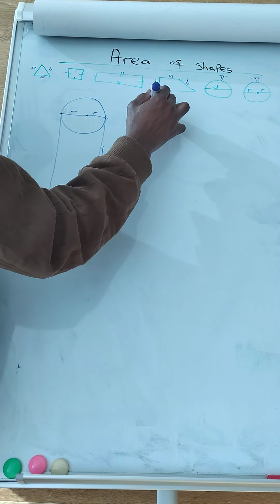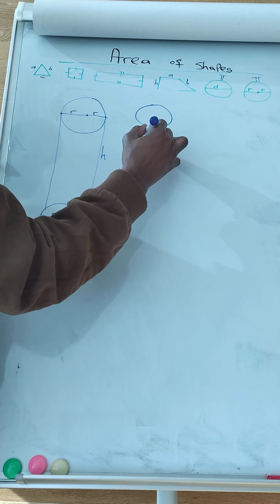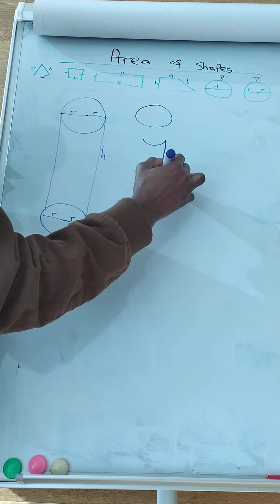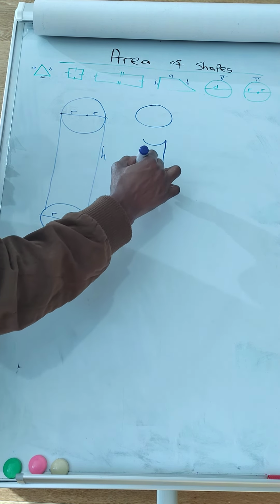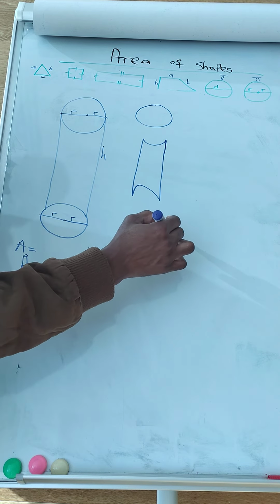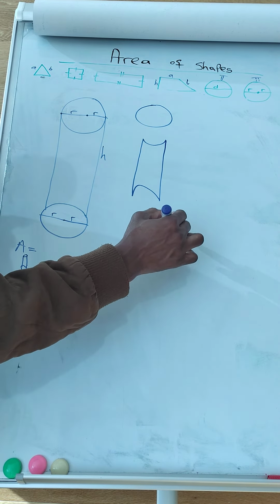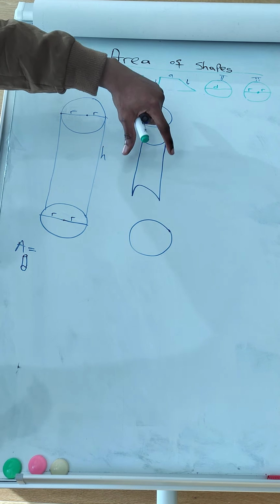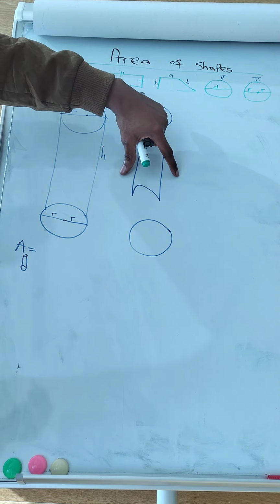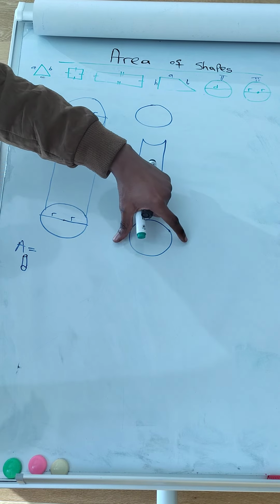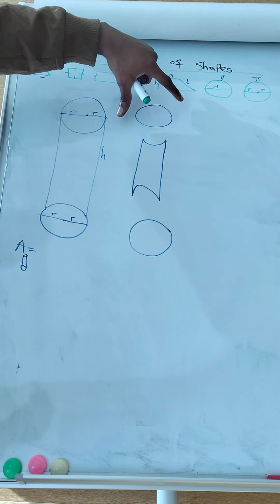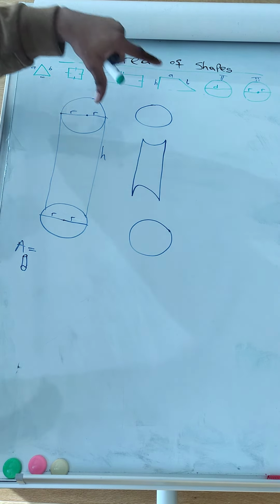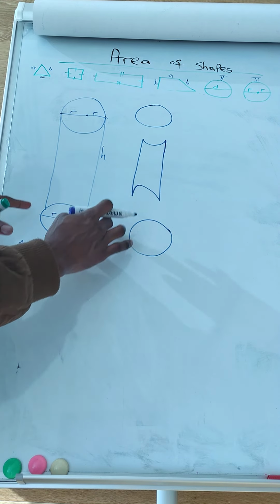You bring out the circle, then you bring out this one that looks like this, then we also have another circle. So if you find the area of this circle, find the area of this that looks like a rectangle, and find the area of this circle, if you add the 3 areas together, you will get the full area of this cylinder.